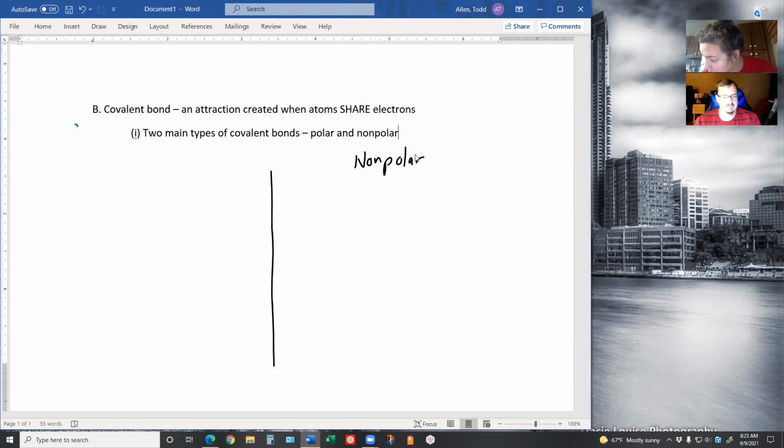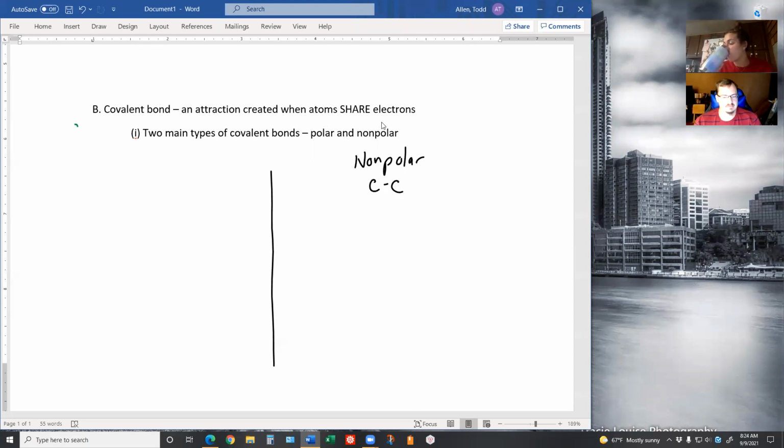An example of a nonpolar covalent bond would be a carbon-carbon bond, where that little dashed line between the two carbon atoms is a graphical, symbolic representation of the bond.